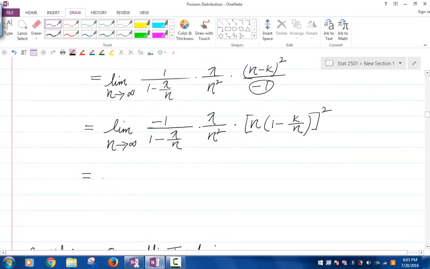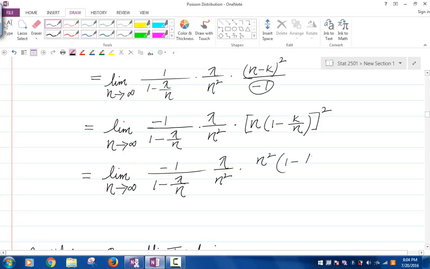This is equal to the limit as n goes to infinity of minus 1 over 1 minus lambda over n times (1 minus k over n) squared.